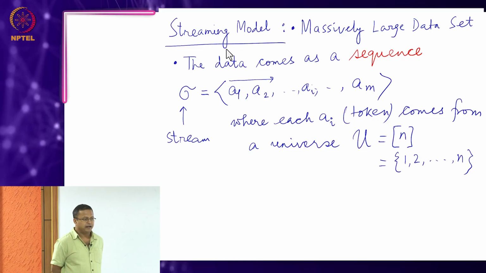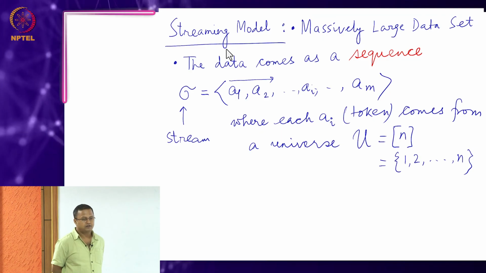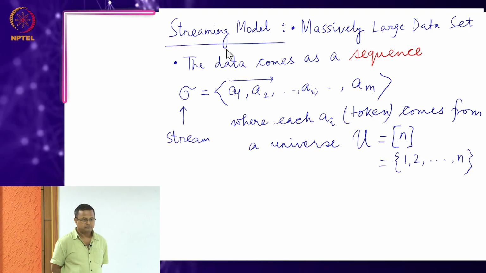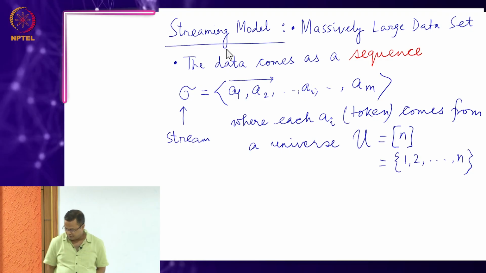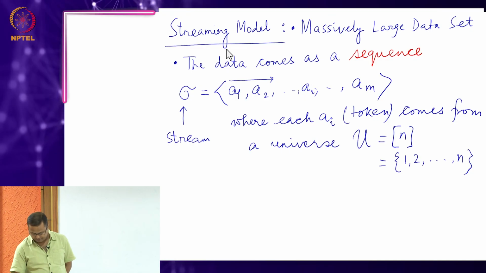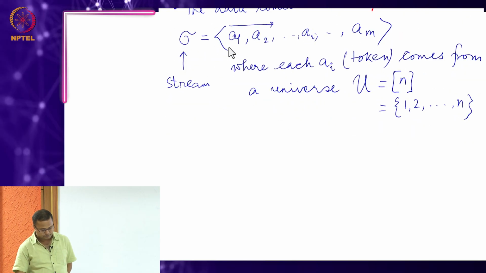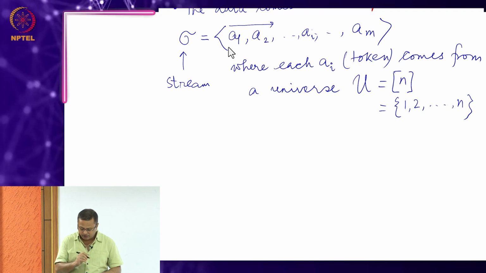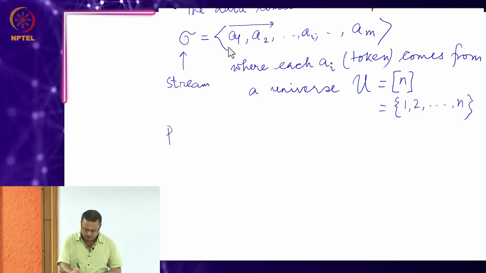Once you have seen A2, you cannot see A1 any further. That packet is gone. So, what can you do? There is this notion of a pass.